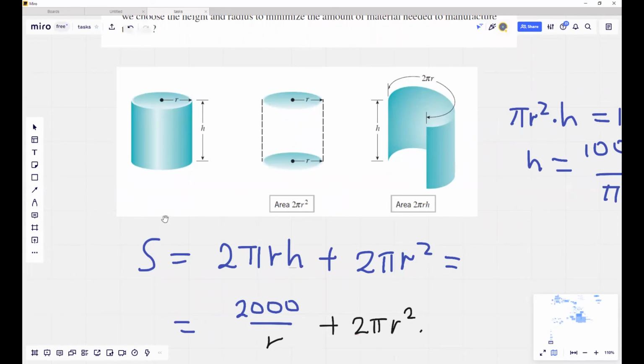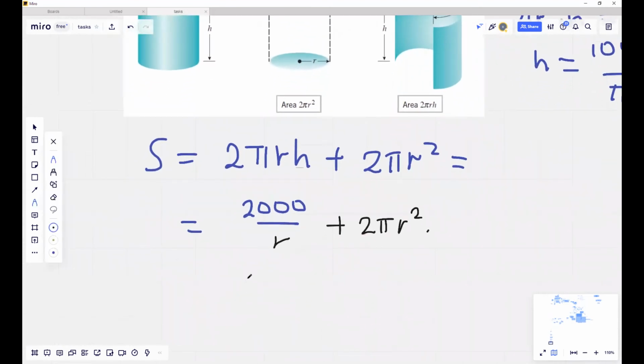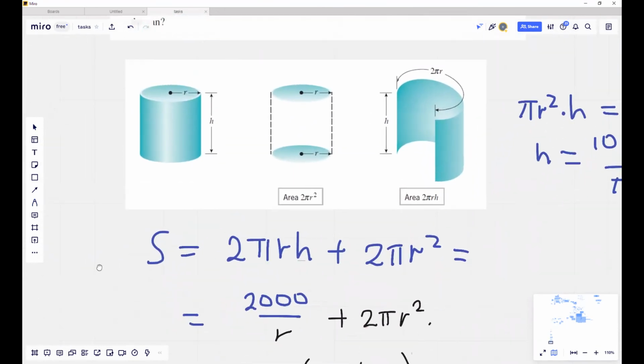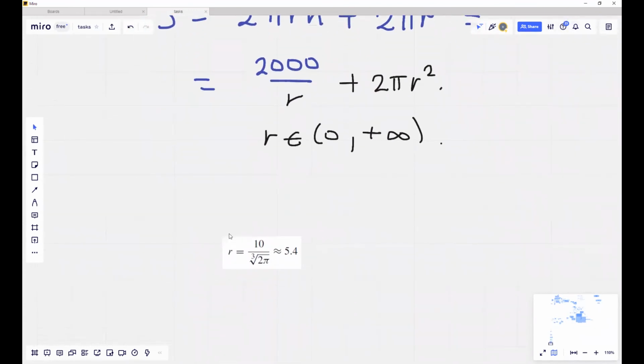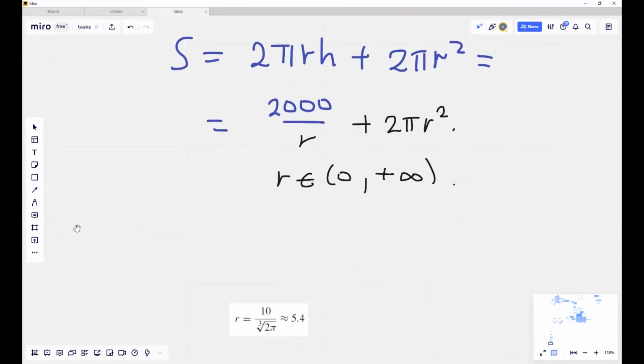So r should be positive and should not be equal to 0. So r is defined in the open interval from 0 to plus infinity. Okay, now we are going to find critical points of that function, and we are going to find the absolute minimum value of this function on that interval.